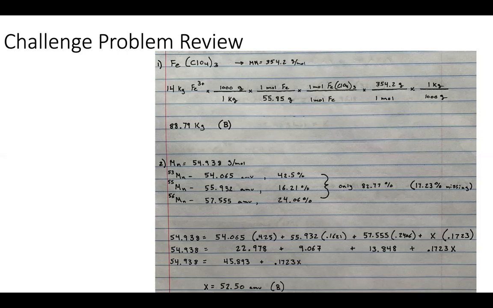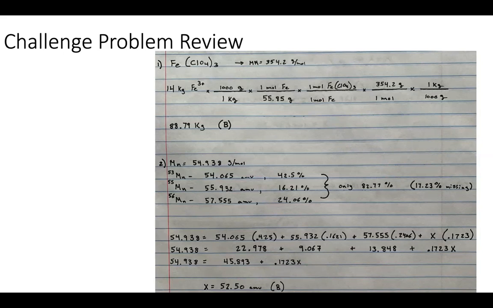And so what this number 82.77% indicates is that there's 1 missing isotope, and that its percent abundance would be the difference between that 82.77% and 100%. So the remaining percentage, which was 17.23%, is the abundance of some missing isotope. That rules out the option of no, and also needs more information, because we can solve for this.